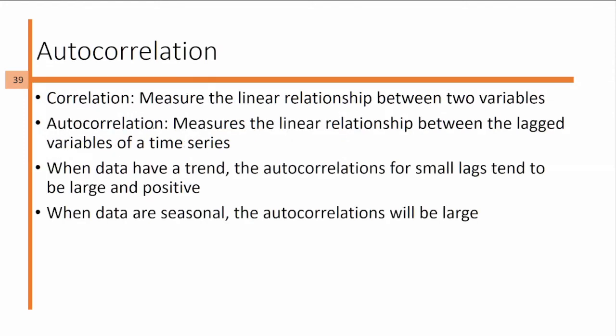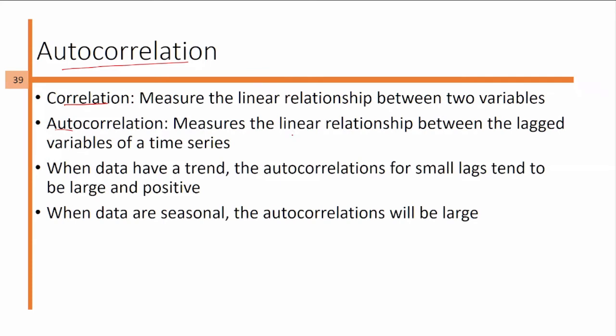And then one other term that we should know when we are working with time series is autocorrelation. So what is correlation? From this word itself, you can understand what it means. Correlation means measuring the relationship between two variables. And when you say auto, it measures the relationship with itself.